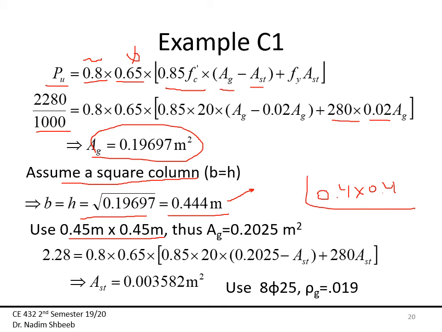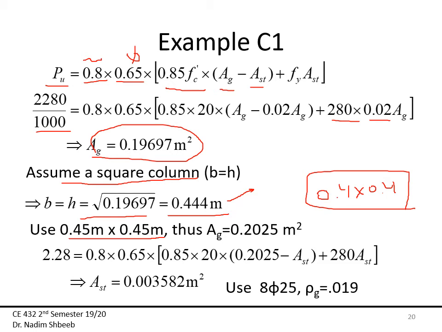I will leave that up to you to tell me what happens if you use 0.4 times 0.4. Obviously, the first thing you'll notice is that it's going to affect the area of steel. But here I chose to go with 45 centimeters by 45 centimeters.